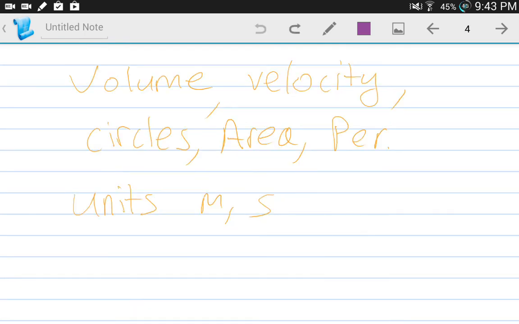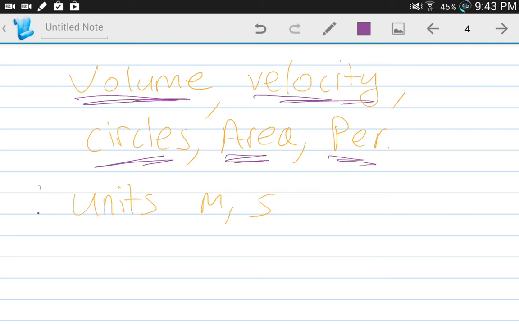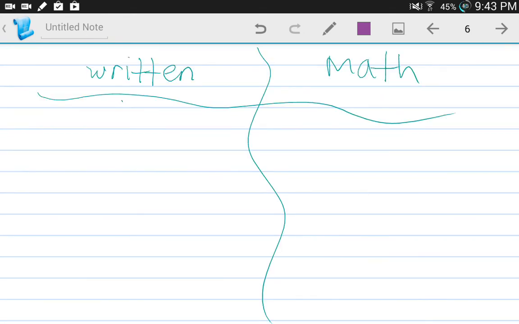So I didn't really put this in the notes, but just very quickly, we could see volume, velocity, circles, area, perimeter, and we're going to have to take into account units, so meters, seconds, hours, minutes, everything. And just a few quick notes, things that we could see written would be something like, say, the velocity of a car.